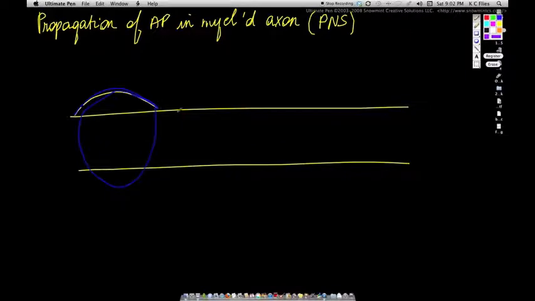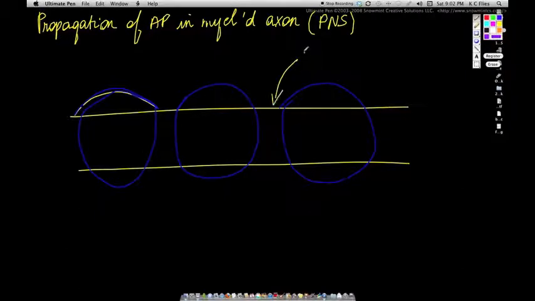And of course, I'm not drawing them extremely well, but I think you get my point. Notice that in between the Schwann cells we have our nodes of Ranvier, and we need to say a couple of things about these nodes of Ranvier.